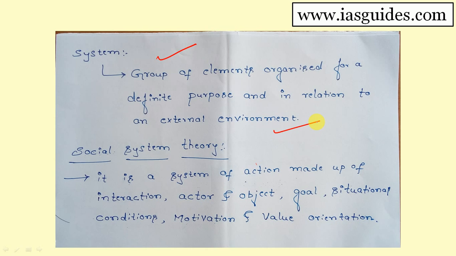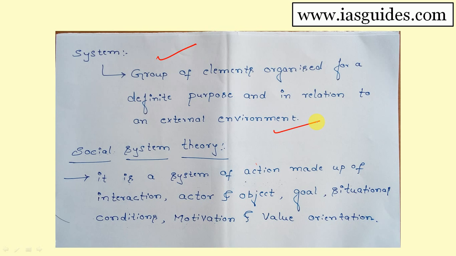If you take an example, a system consists of various interrelated parts. Each part discharges its own functions, and each part is related to maintaining the system as a whole. That is what is known as a system. A system will also have a goal.